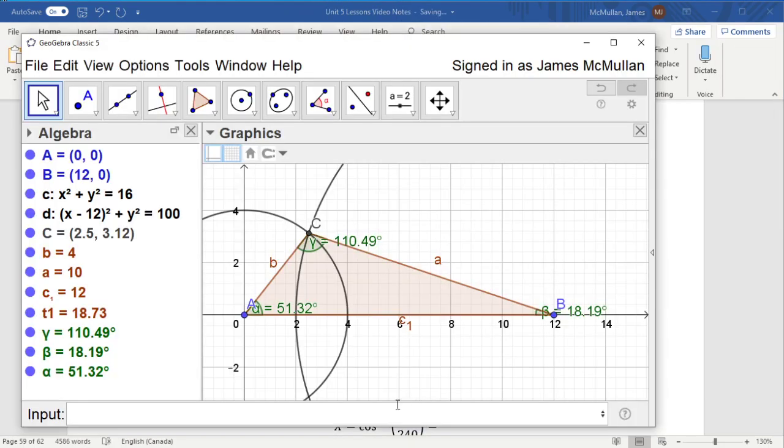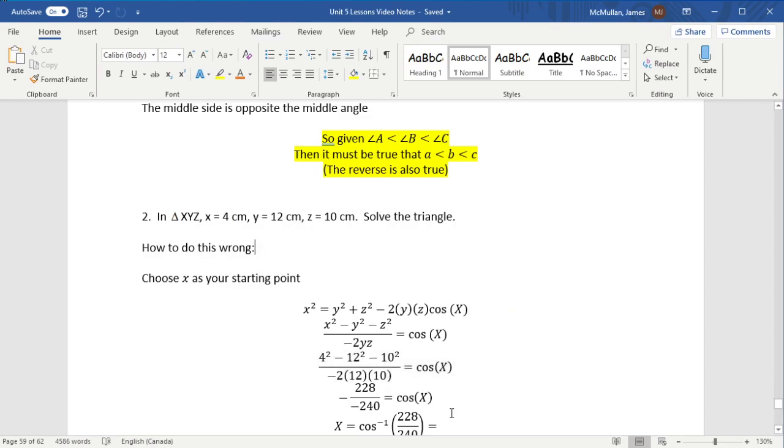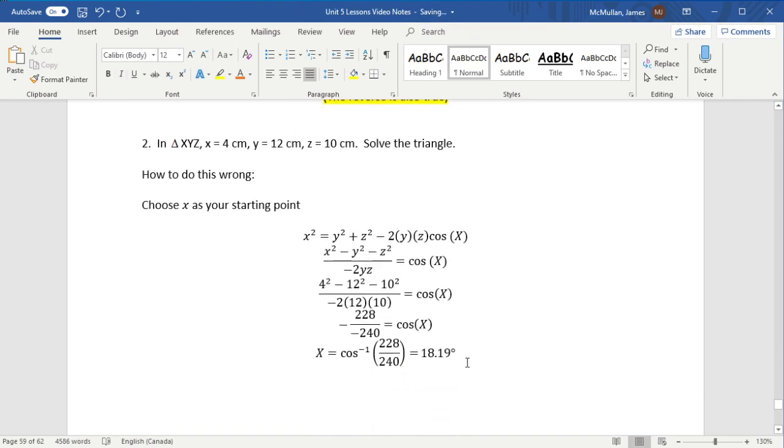And that would be 18.19 degrees. Okay, so no problem. This is correct, by the way. We didn't do anything wrong. It's the right answer. We got x.